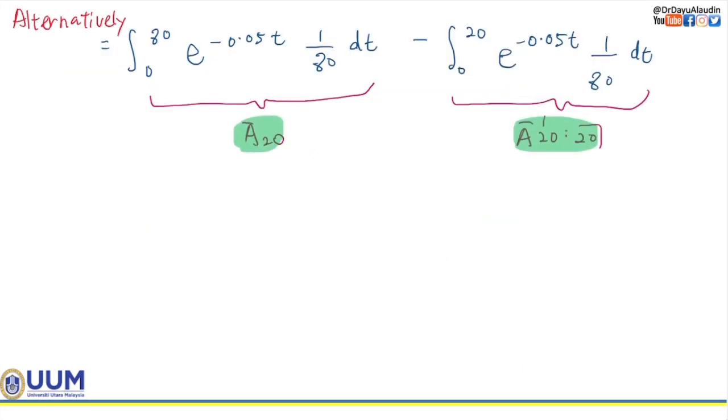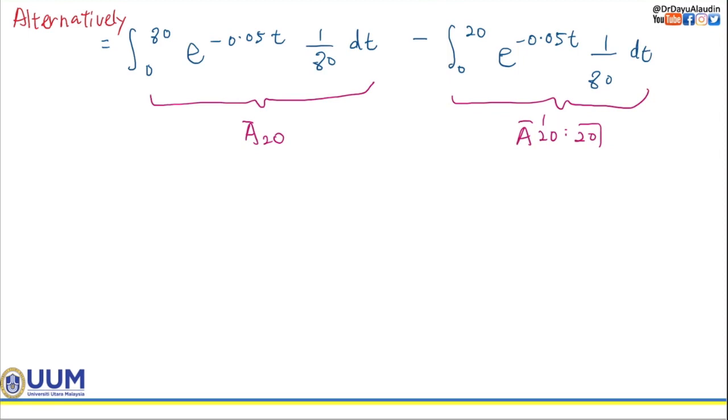Alternatively, we can solve this problem using this formula, which is whole life insurance minus the term insurance, like we discussed previously.